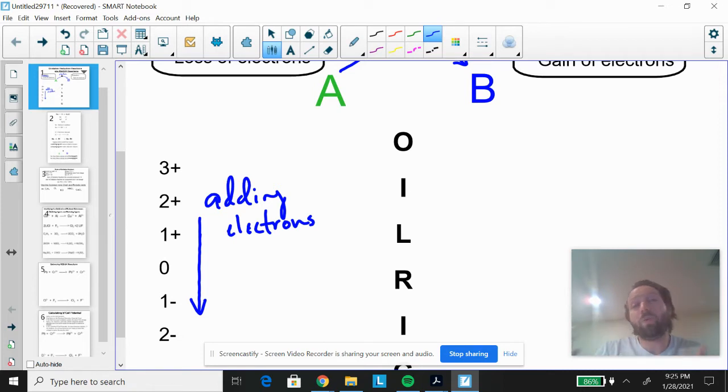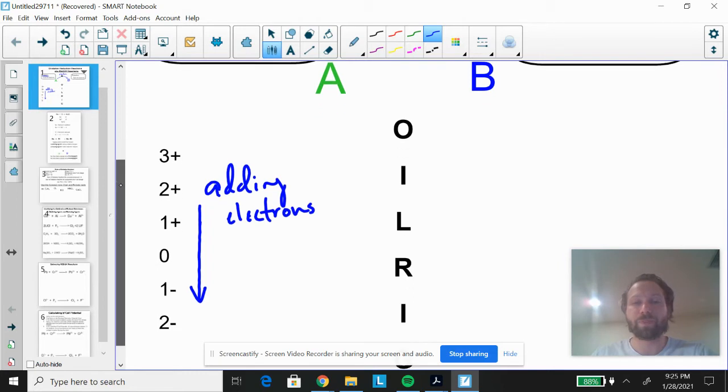It could be just adding one electron, so +3 to +2, or adding 3 electrons and going from +1 down to -2. Okay, so that's important to note. And conversely, if you're losing electrons, your charges will be going up. So you might go from 0 to +1 or +1 to +3, depending on how many electrons you lose.